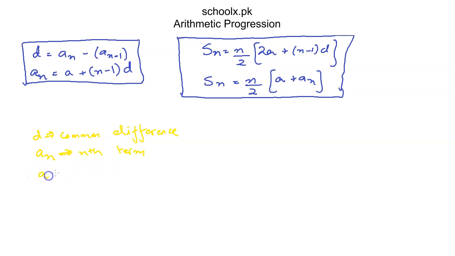And a is the first term. Sn is the sum up till nth term. And that's it.